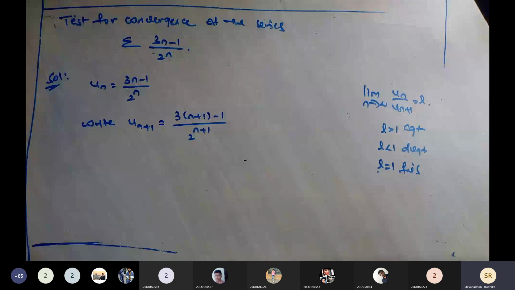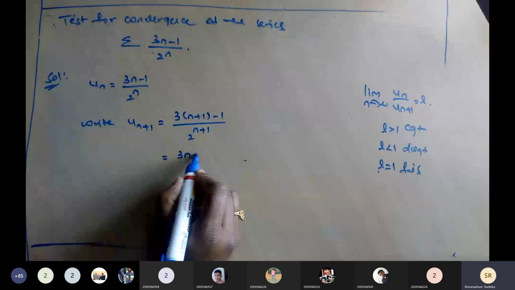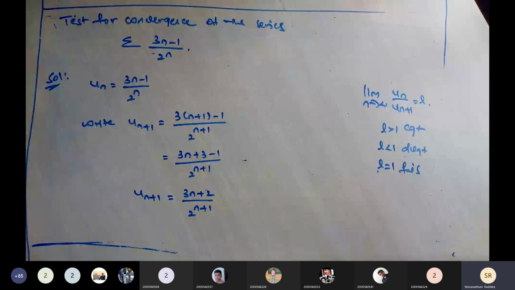Yes, ma'am. Clear. Next, the simplification: 3n plus 3 minus 1 by 2 to the power of n plus 1. So un plus 1 equals 3n plus 2 by 2 to the power of n plus 1, completed.